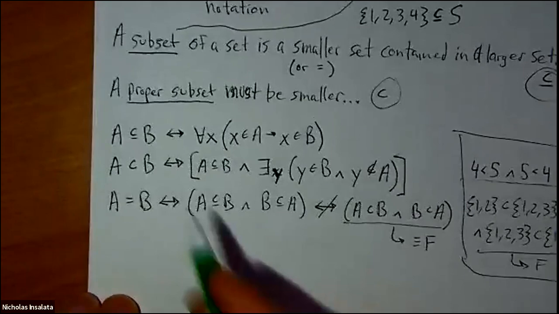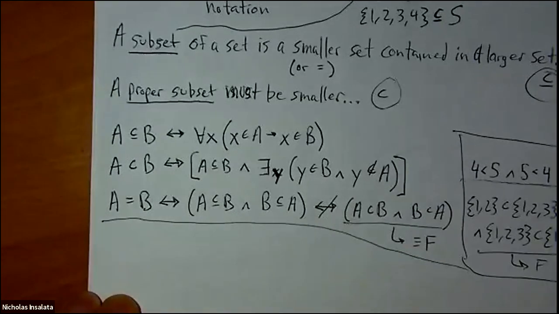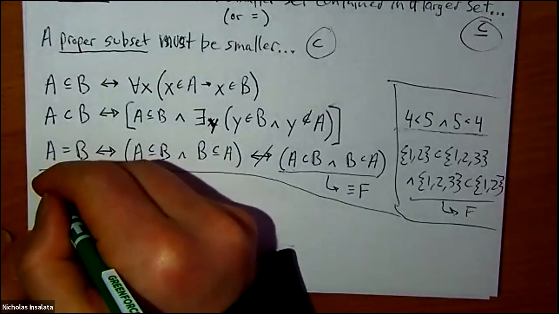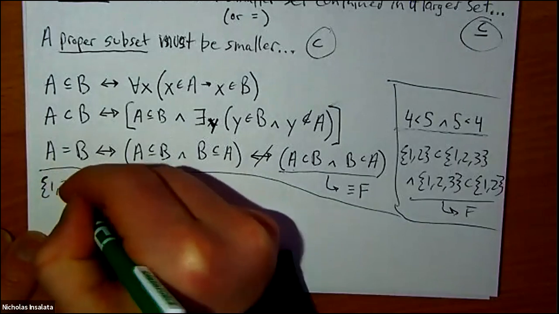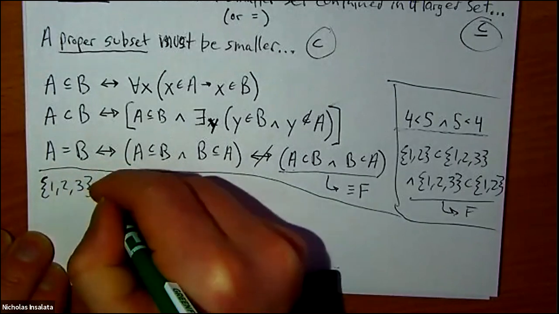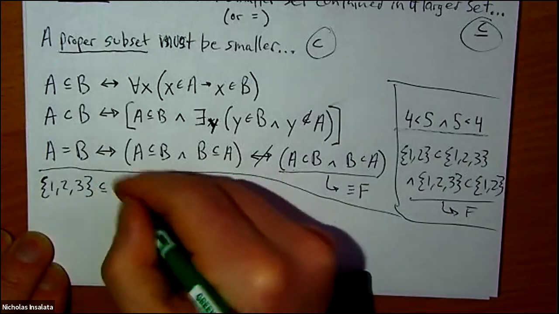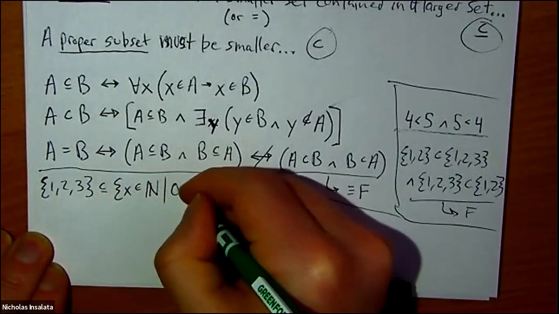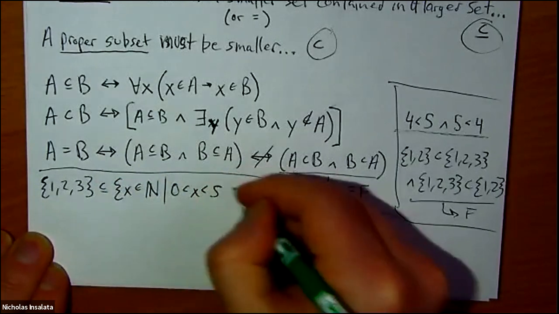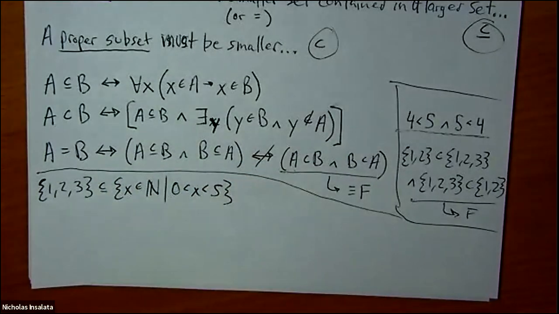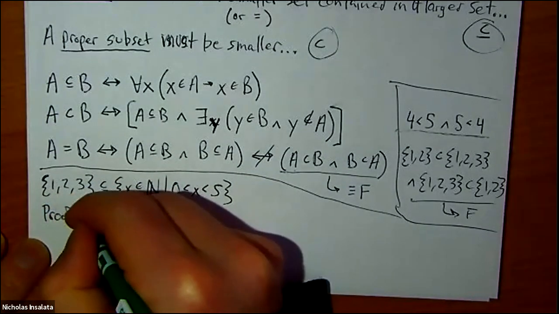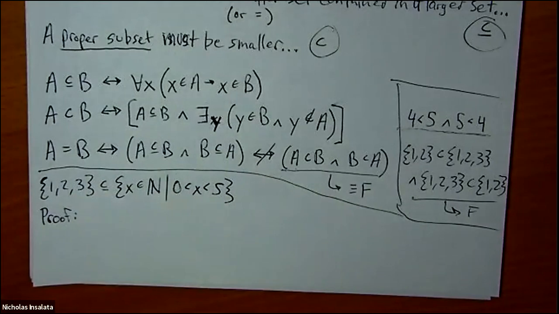I want to show that the set {1, 2, 3} is a subset of the set of x in the naturals such that 0 is less than x less than 5. And I want to prove that. Well, how would I prove that? Any ideas?